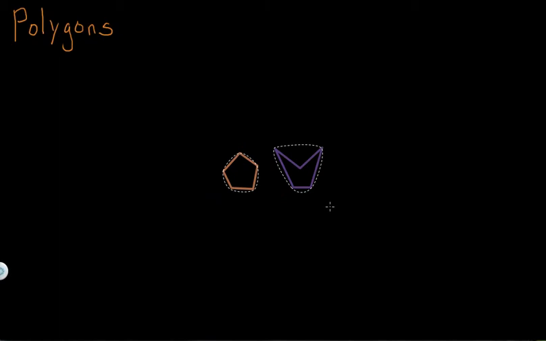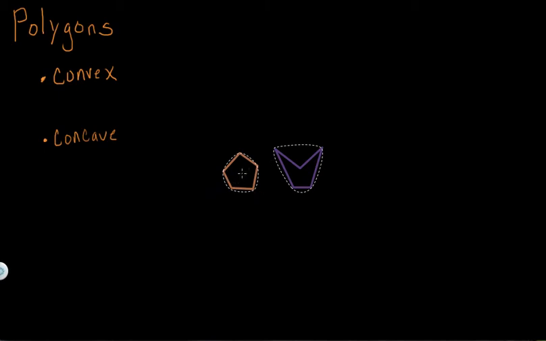And finally, we can classify polygons as being convex or as being concave. Okay, a convex polygon, like the orange pentagon shown here, has a situation where all of the vertices of the polygon are essentially pointing, if you will, away from the center of the polygon.